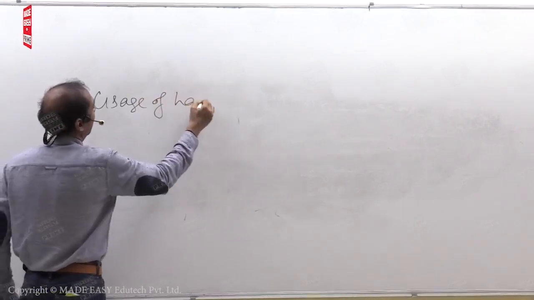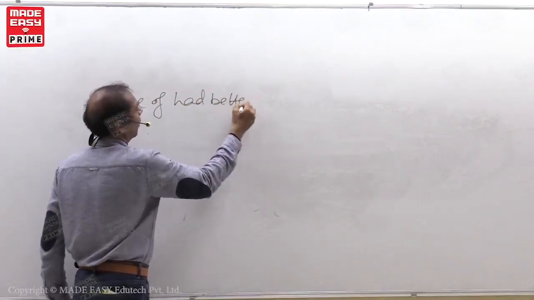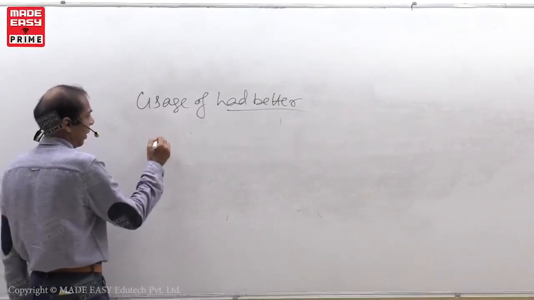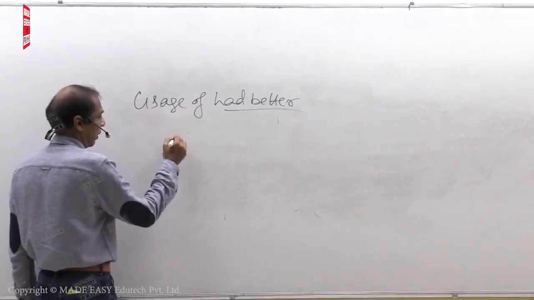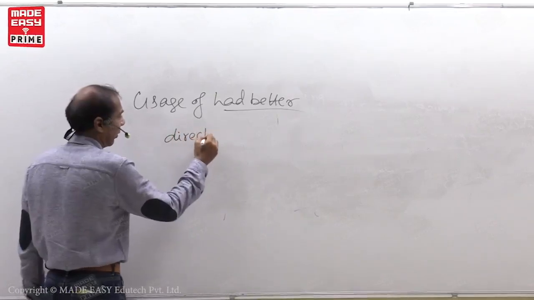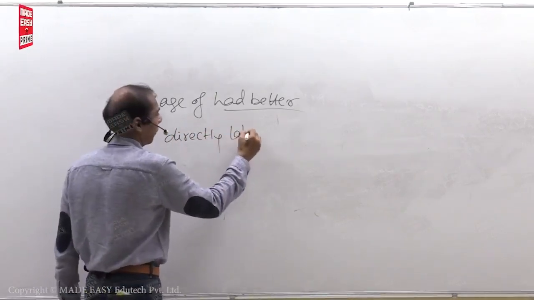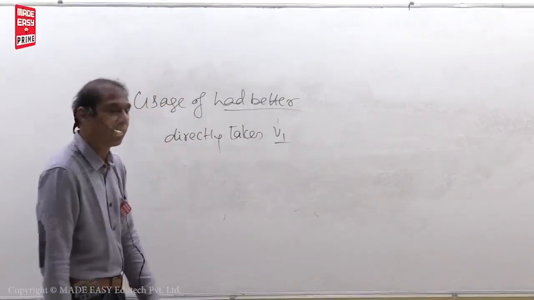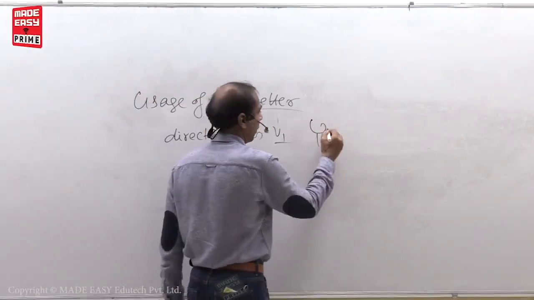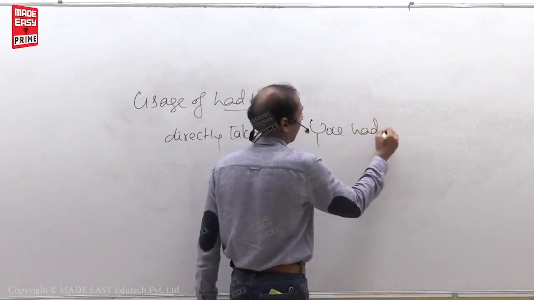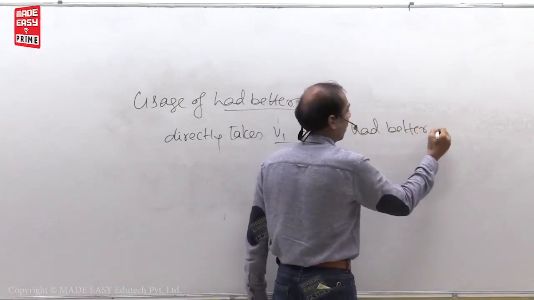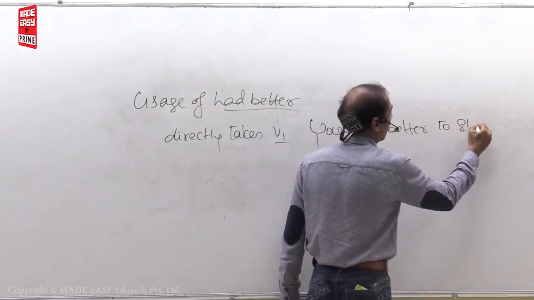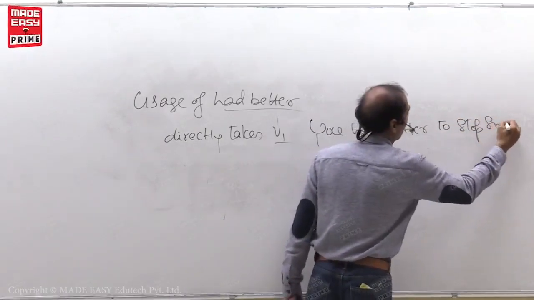Uses of had better. See? Had better directly takes V1. Directly takes V1. For example, see? You had better to stop smoking.